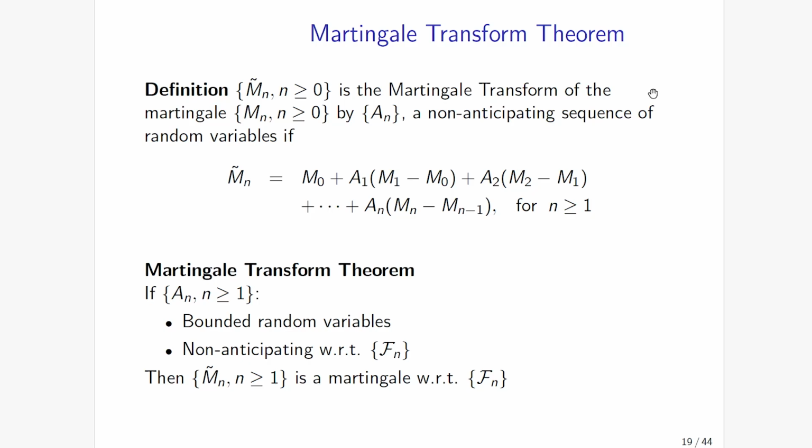Now, with such a non-anticipating random variable, we can consider a transformation of the original martingale, given by the m's with no tildes, by considering this decomposition of m tilde. So we have an initial value m_0, then we have the non-anticipating variable a_1 that depends only on information at time 0 times the increment of the martingale from time 0 to time 1.